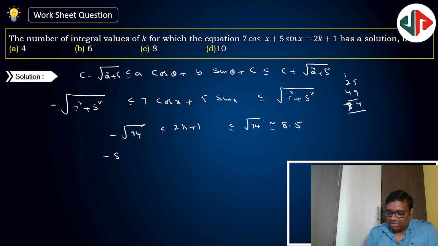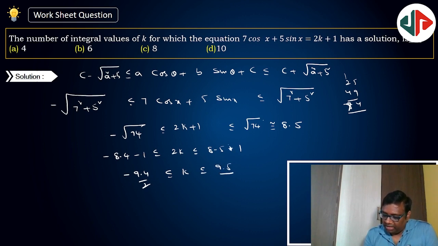So this is minus 8.5, minus 1 less than or equal to 2k less than or equal to 8.5 plus 1. This is minus 9.5 by 2 less than or equal to k less than or equal to 9.5 by 2.